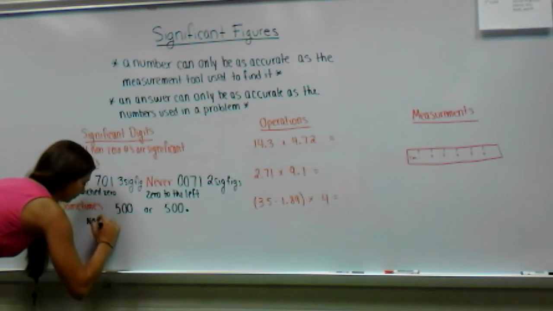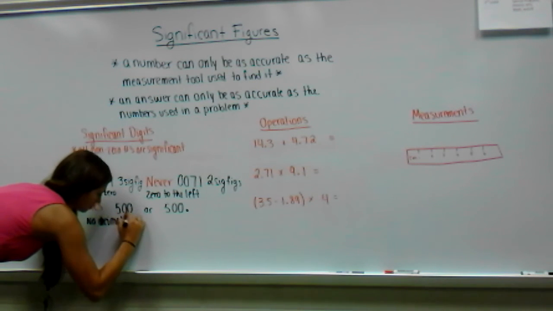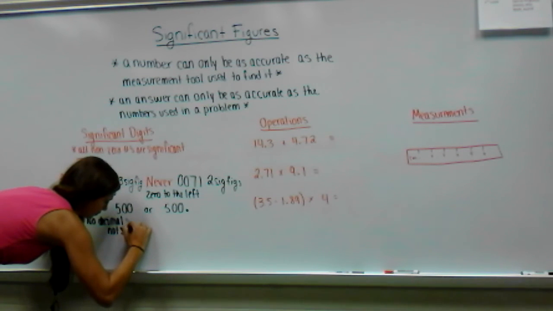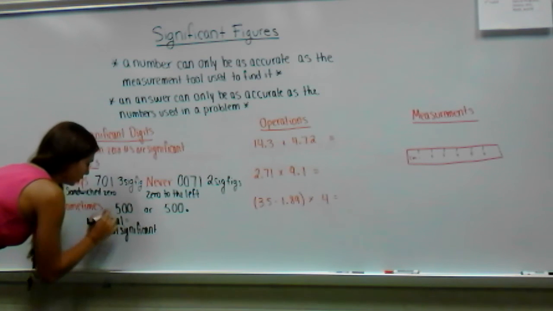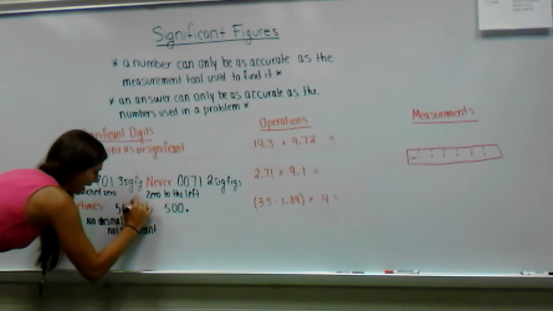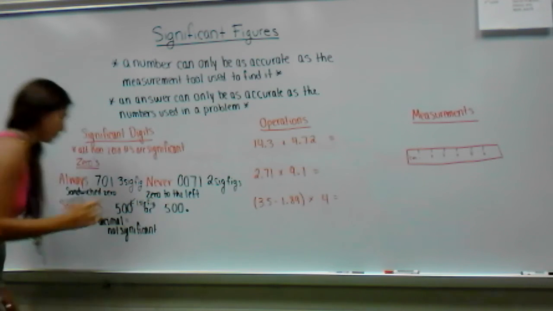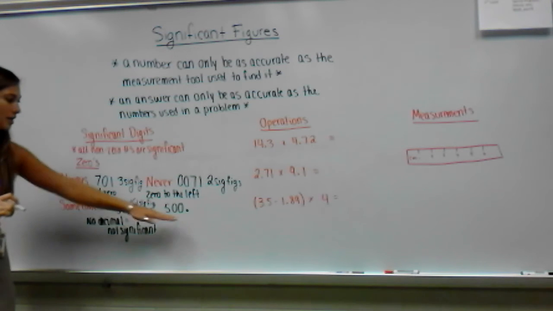So no decimal equals not significant. So here, we only have 1 sig fig, because these 2 zeros do not count since we do not have a decimal place.